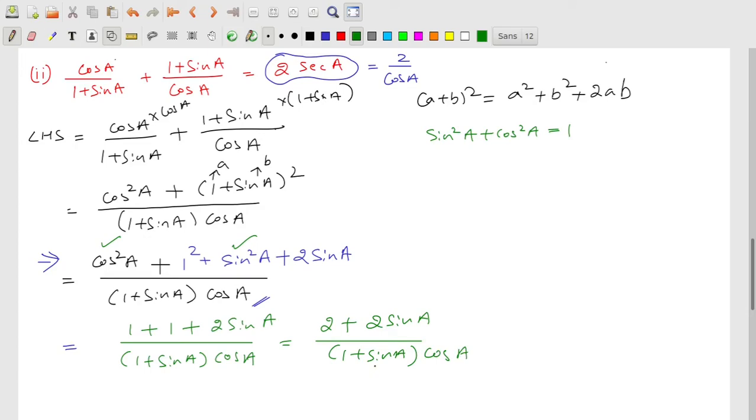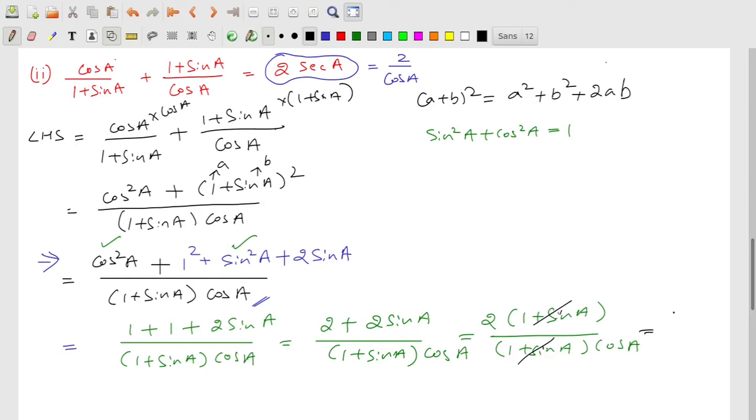Now take 2 common from these two terms, then you will get 1 plus sin A divided by 1 plus sin A into cos A. So now here we got the same terms in the numerator and denominator. Now you can just cancel out these two, right?